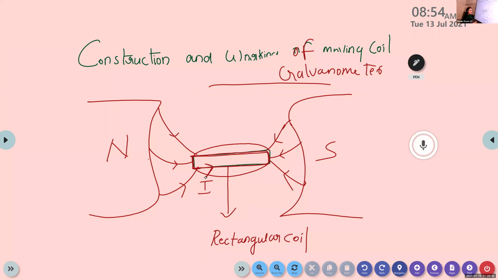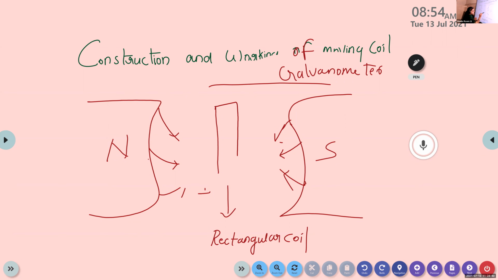I will show it here. So when a current I is passing through this rectangular coil, it undergoes a rotation, and now the position of the rectangular coil is just like this. Initially the rectangular coil and the magnetic field are along the same direction.